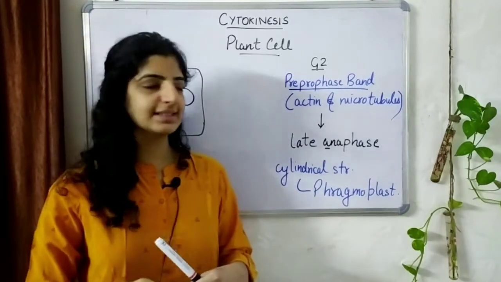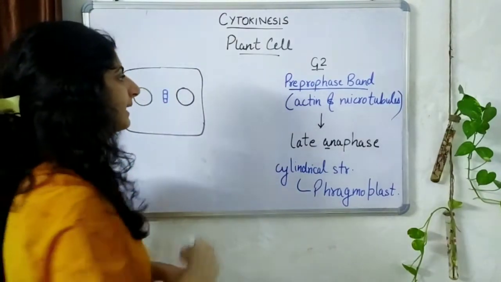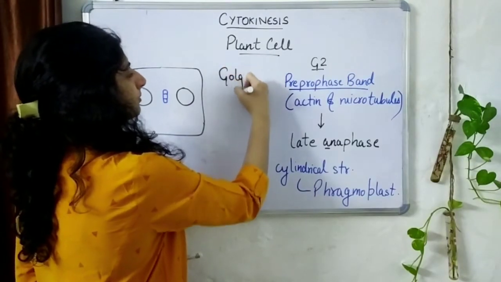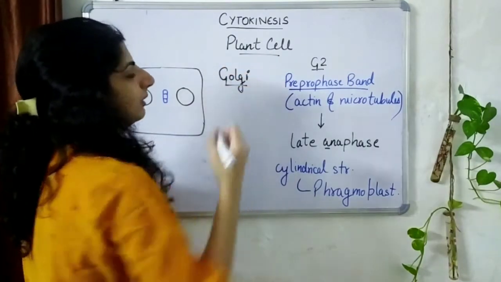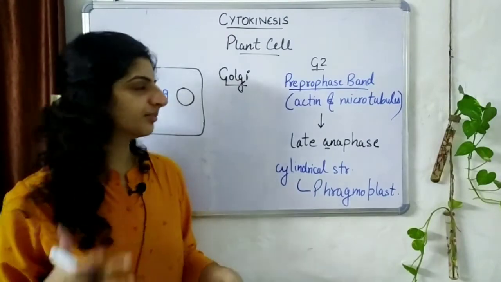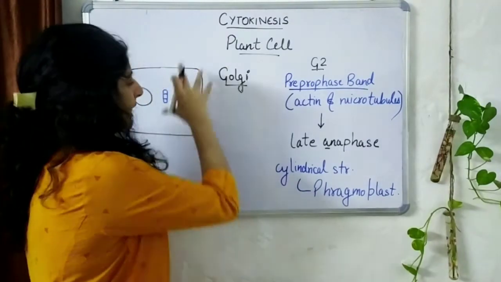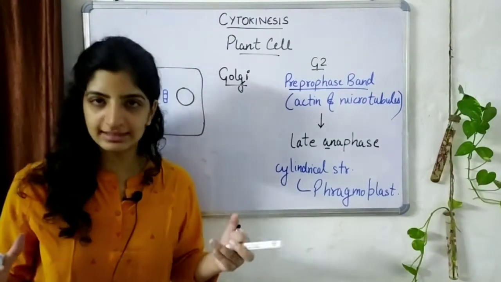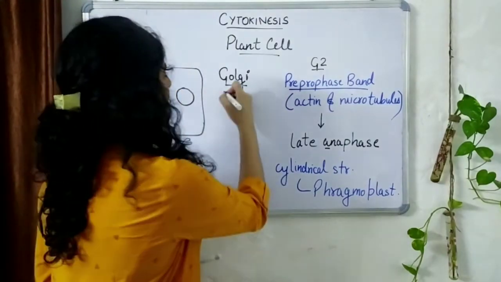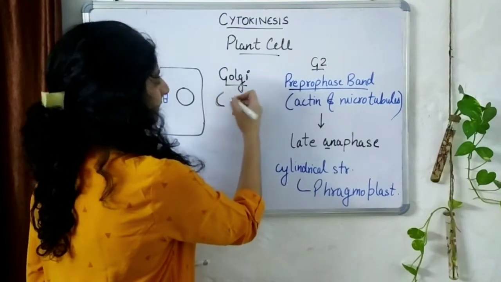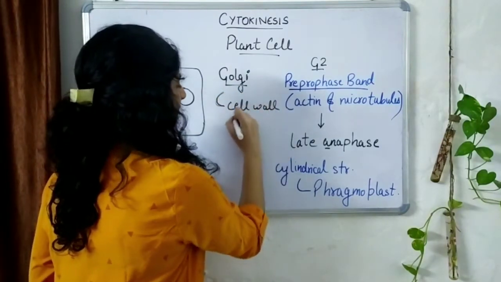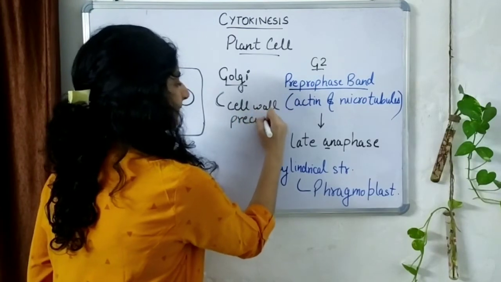What happens is that the Golgi apparatus in a cell, we know that it is very useful in the packaging of materials. So now the Golgi apparatus present in the cytoplasm will have some vesicles that will be filled with the materials needed for the formation of a cell wall.